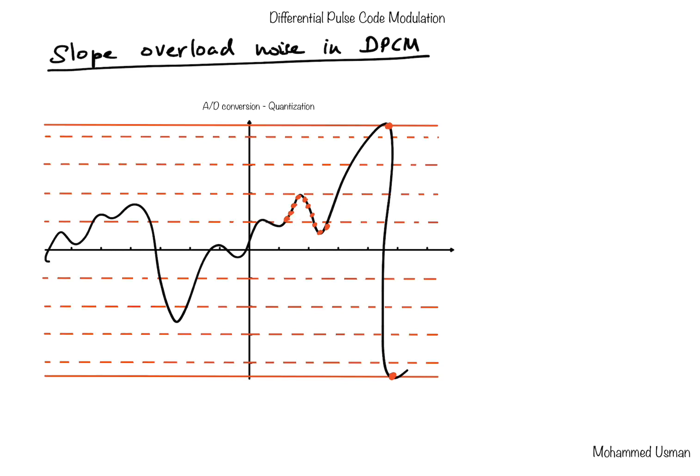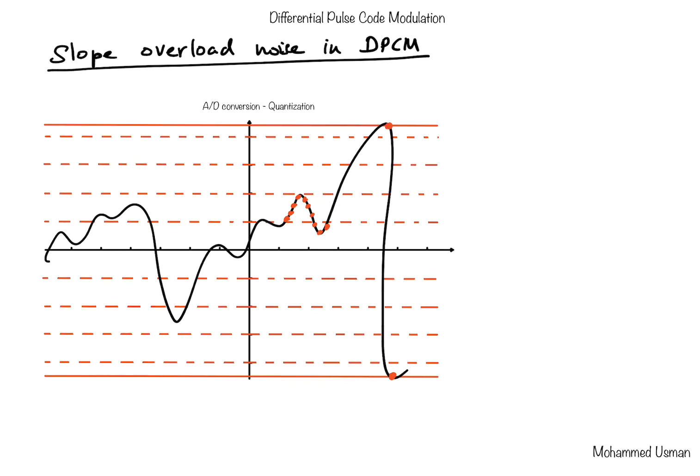So if you see each of these adjacent symbols, their values are quite similar. So the predictor is able to predict the next sample value, and using the predicted value we are able to get the difference between the actual and the predicted sample, which is then quantized.